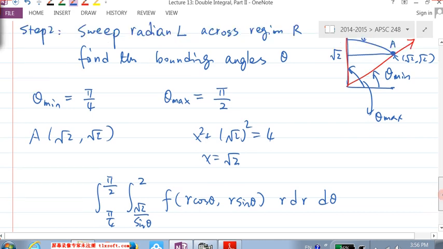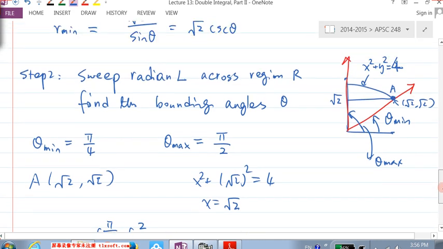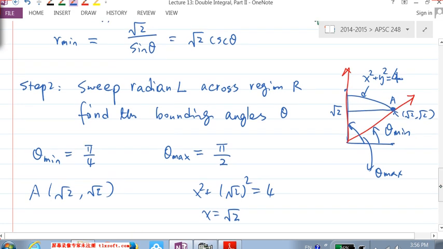Where did theta come from? Theta minimum. Where is theta minimum from? Theta minimum is the theta angle corresponding to this boundary here. See, these are basically the two lines that bound this region R. So this line here bounds the region R. Is that clear?